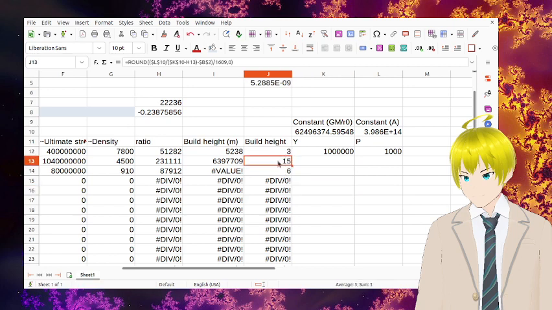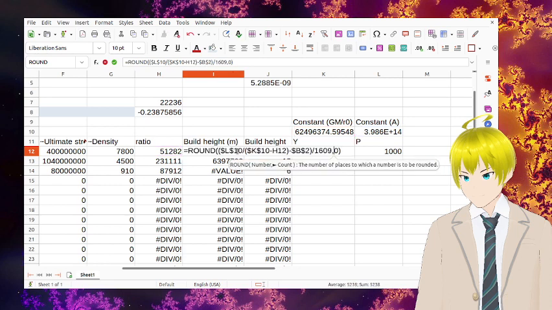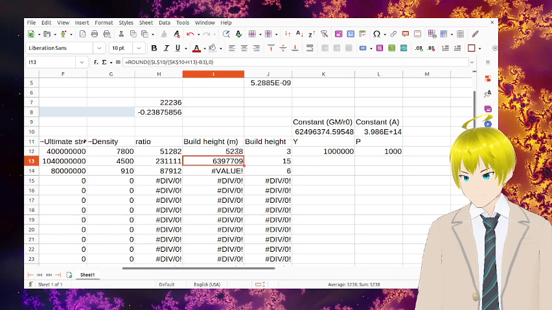Because it's such a low number of miles, I want to get meters too. Actually, let's just do this sort of thing. And then we'll just do this equals this divided by 1609.